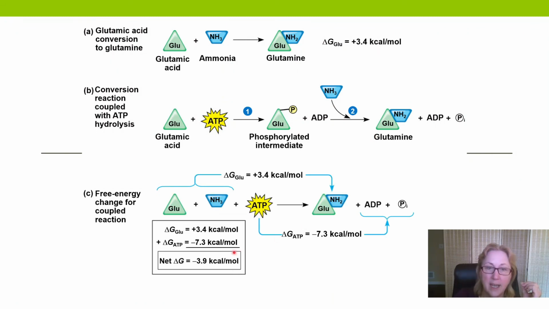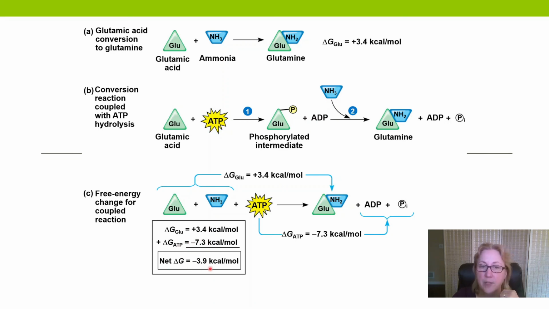And as long as the energy that's released is more than the energy that's needed, so we need 3.4 kilocalories here to make this reaction happen, and the change in energy of converting ATP to ADP releases 7.3 kilocalories.